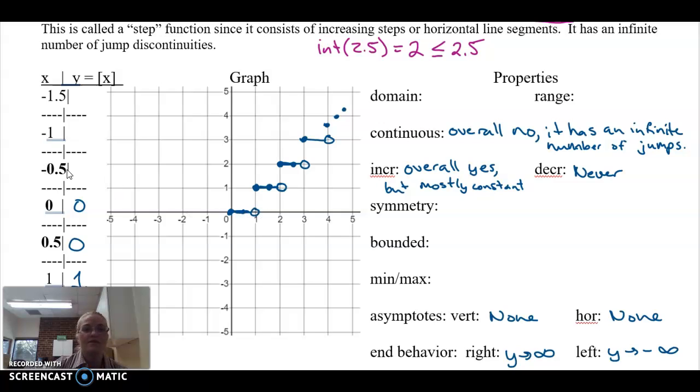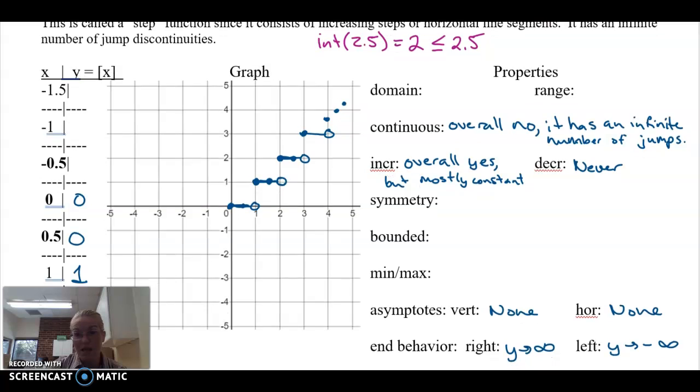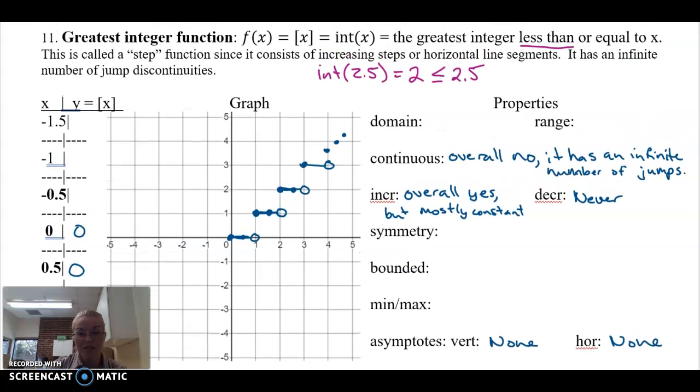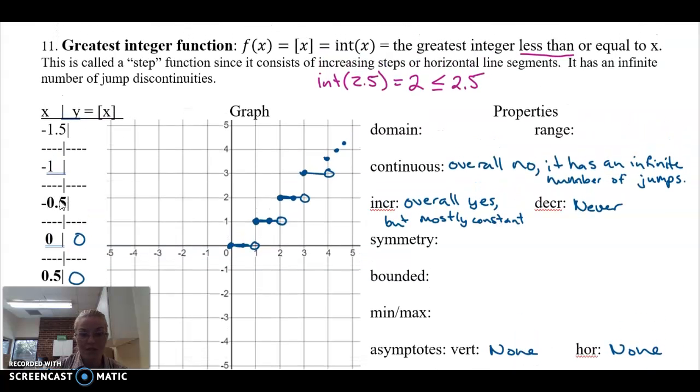But what about negative 0.5? Negative 0.5, this is where we actually have to use the definition of the greatest integer function. This is why it's called the greatest integer function. If I'm looking at negative 0.5, what integer is less than or equal to negative 0.5?